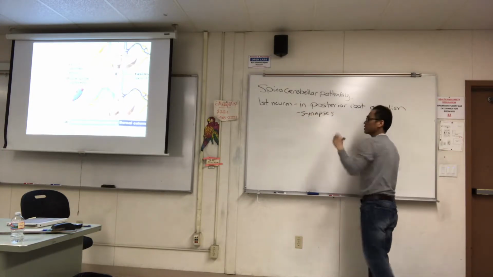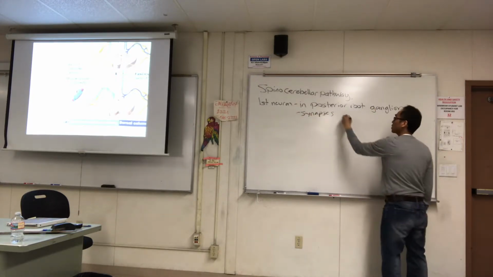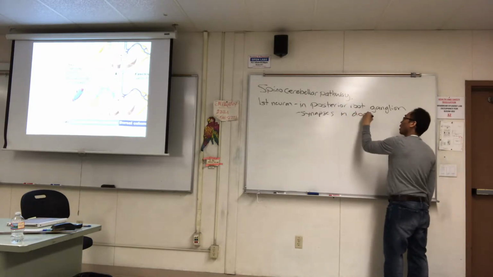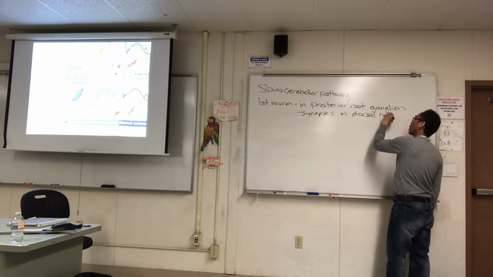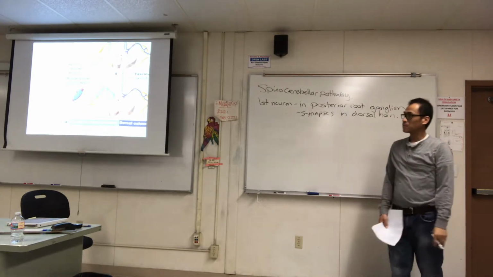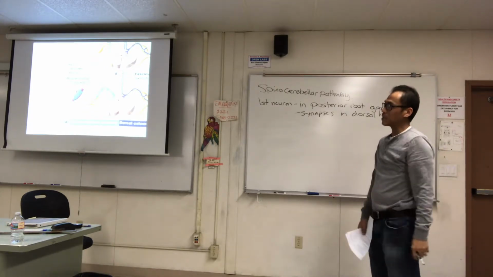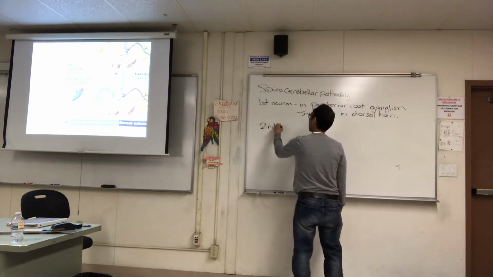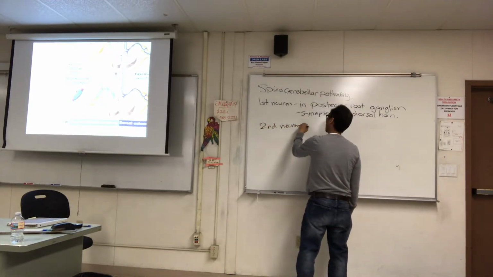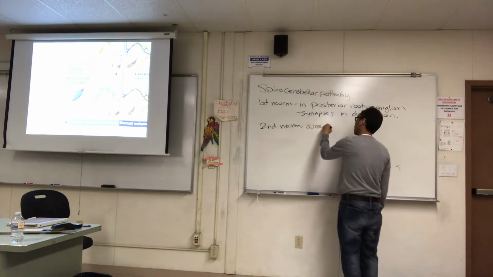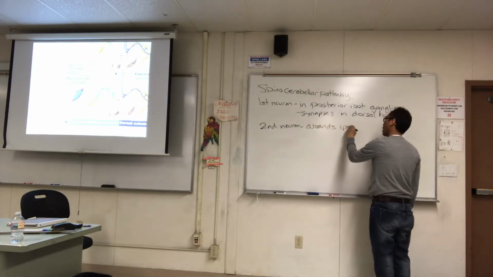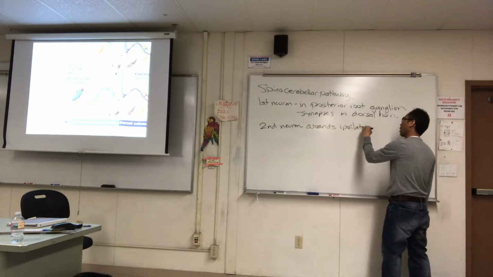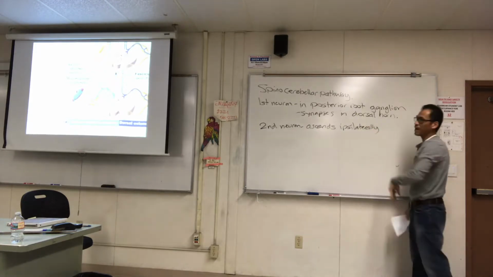So I'm just writing synapses in dorsal horn. So now you already are at the second neuron. The second neuron ascends ipsilateral. All the way to the destination.